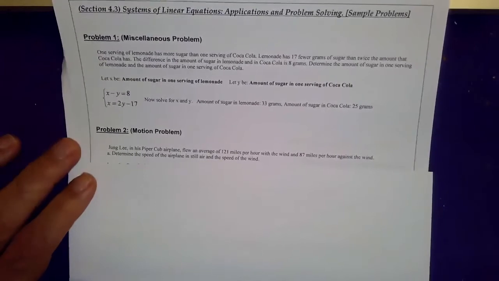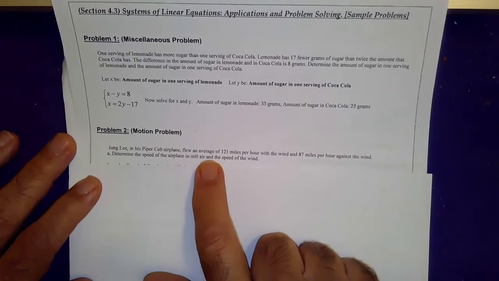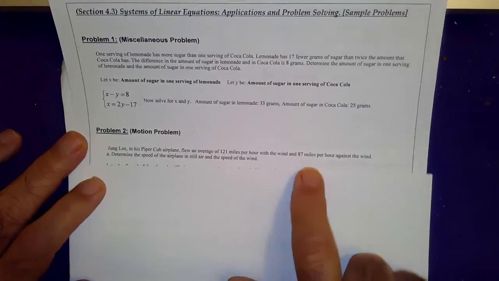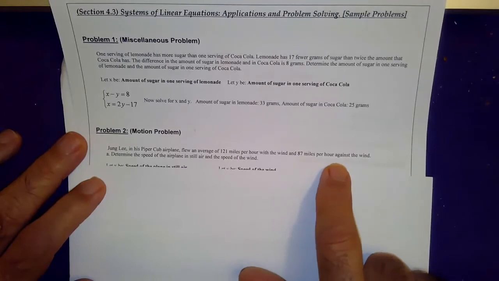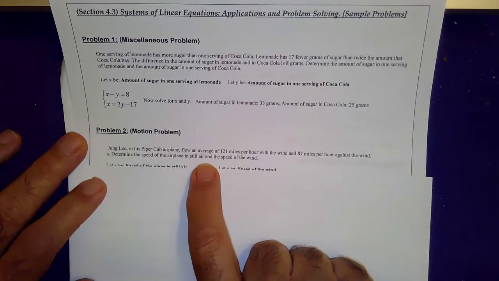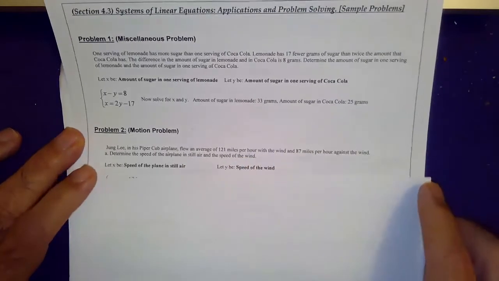John Lee, in his Piper Cub airplane, flew an average of 120 miles per hour with the wind and 87 miles per hour against the wind. Determine the speed of the plane in still air, that means calm air, and the speed of the wind.